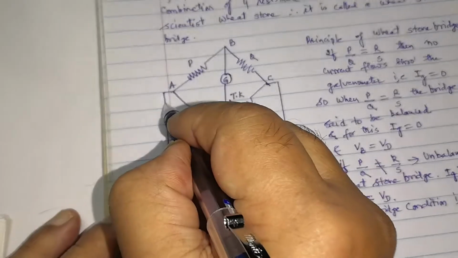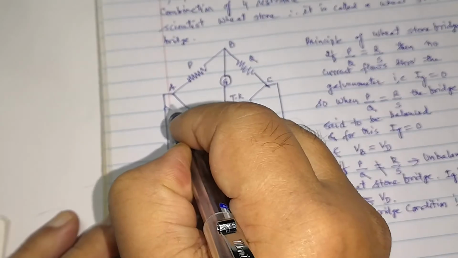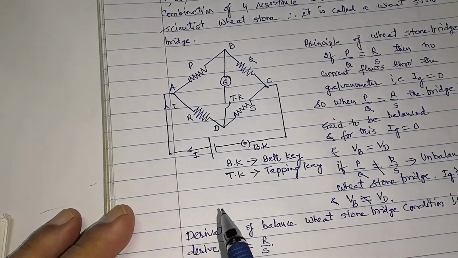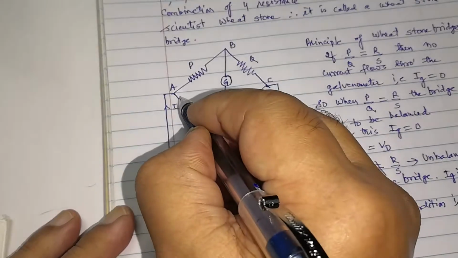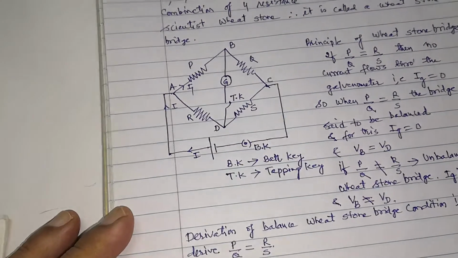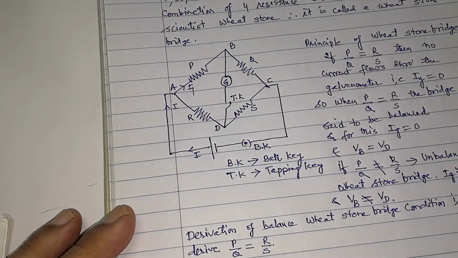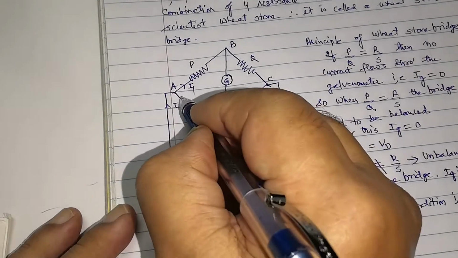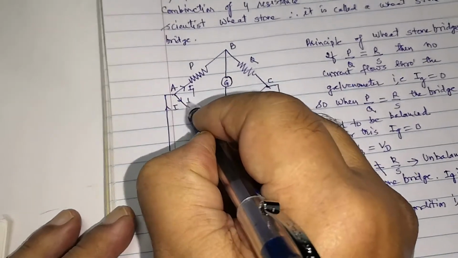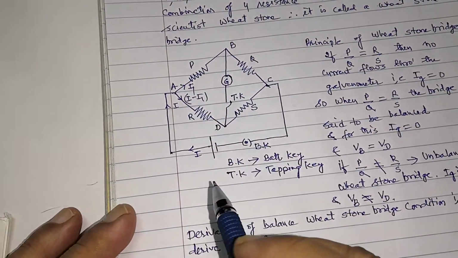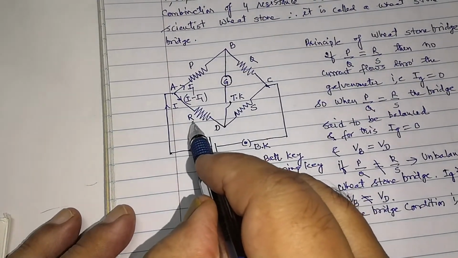The current I at the point A will split as per Kirchhoff's current law, and let the current I1 go along the resistance P, and the remaining current I minus I1 would flow through the resistance R.